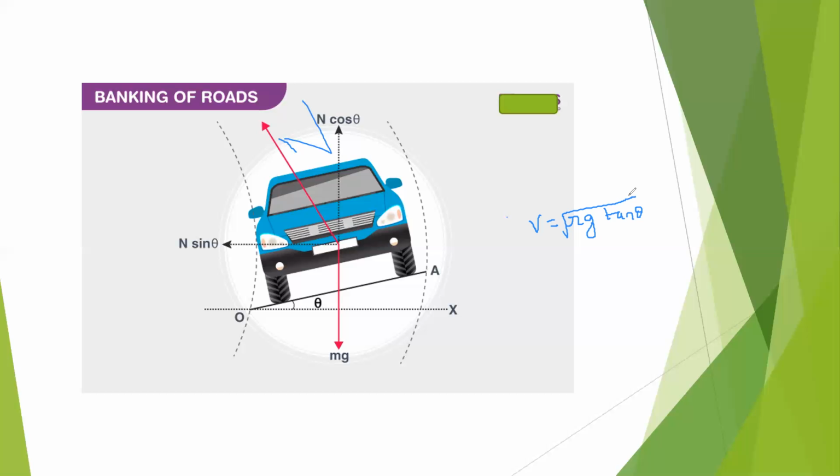The derivation is not important, only the equation is important for our question solving, right students? So this completes the laws of motion synopsis. If this part is clear, then the MCQs will be easy for us to understand.